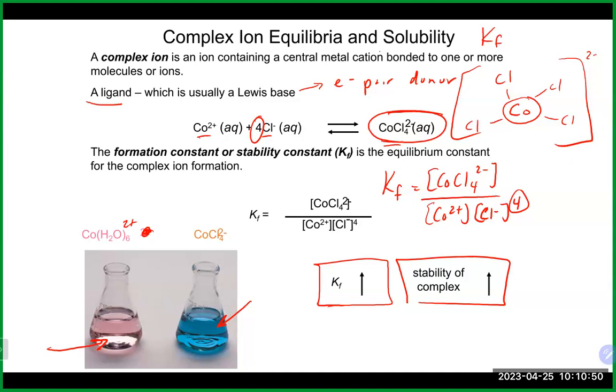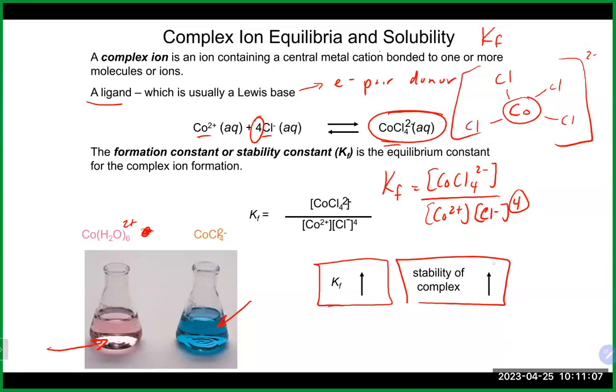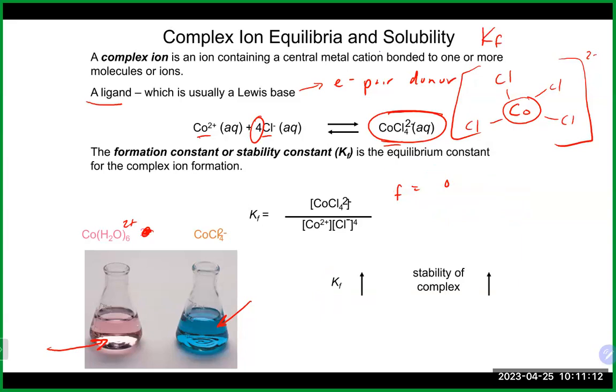Now, ligands do actually come on one at a time. The process by which ligands are added to a metal occurs one at a time, similar to how hydrogens come off. They do come off one at a time. So our ligands will come on one at a time.